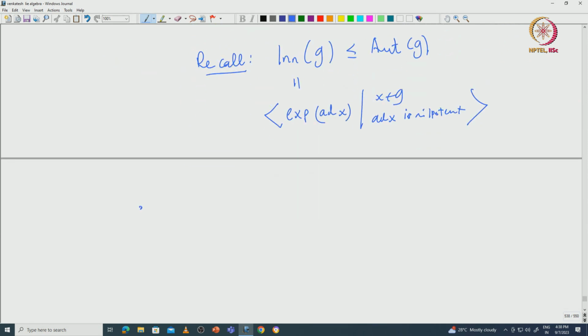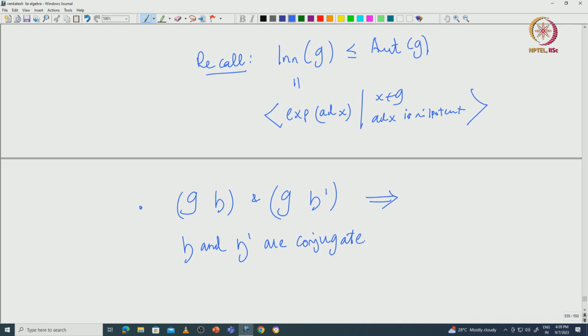Now, using this, once you have H and H', you know that they are conjugate. Since H and H' are conjugate, using this we will get that Φ(H) will be isomorphic to Φ(H') as root systems.